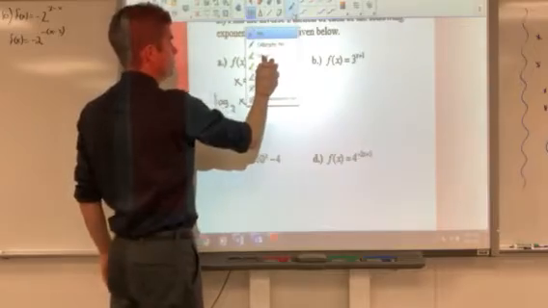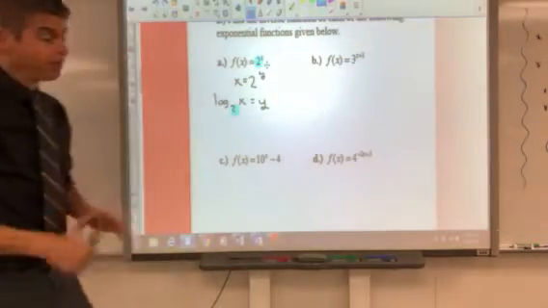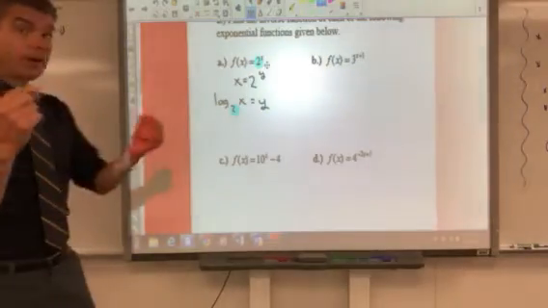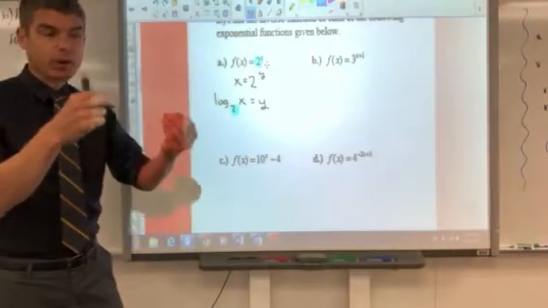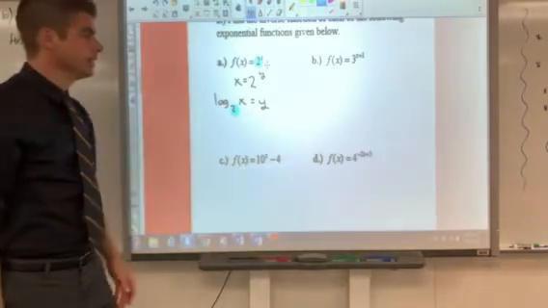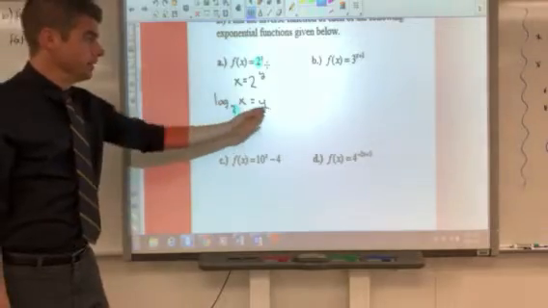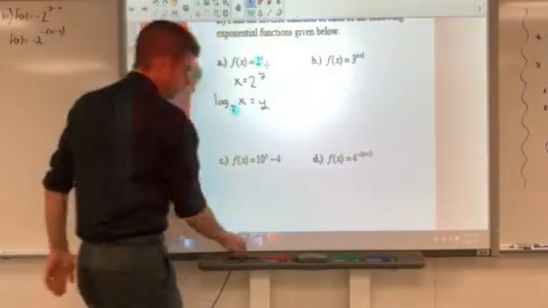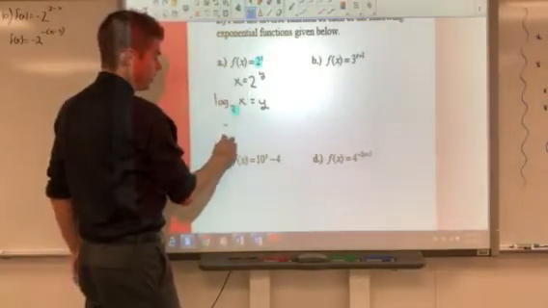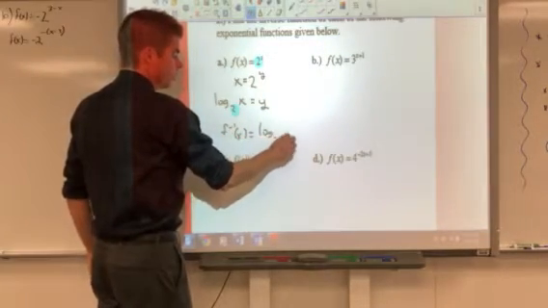There should always be a correspondence between that base and the base of your logarithm. Logging both sides is kind of like square rooting both sides, adding 10 to both sides, or f inversing both sides like we did earlier. So this would be the inverse function, and then you just rewrite it using the language of f: f inverse of x equals log base 2 of x.